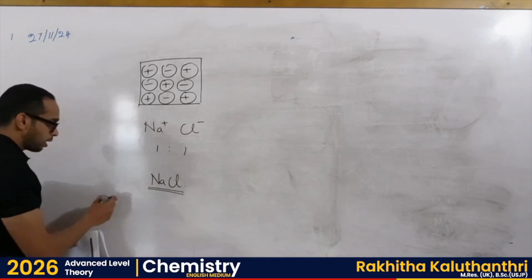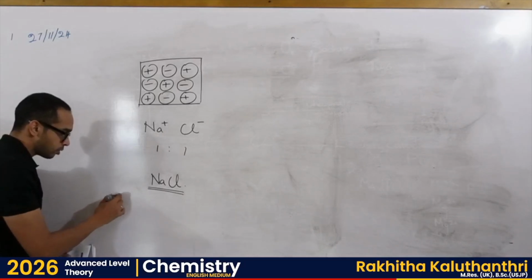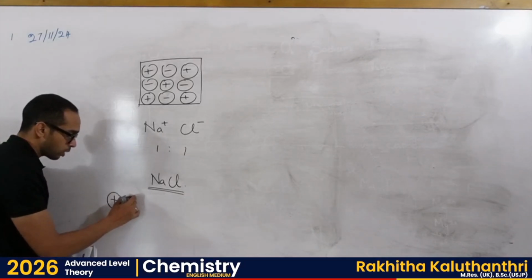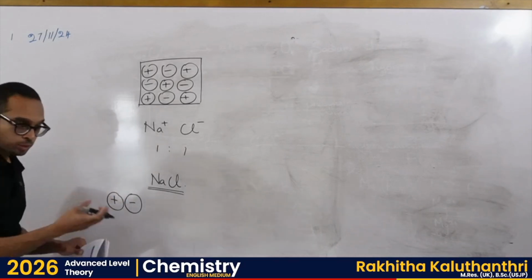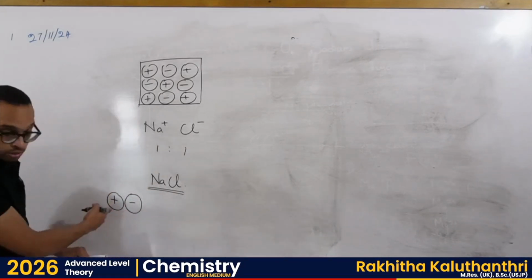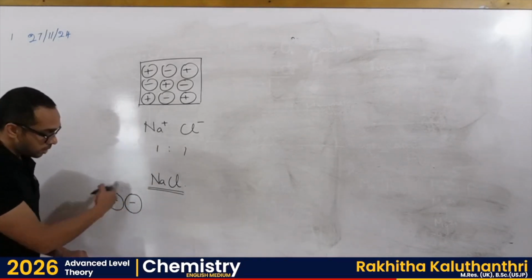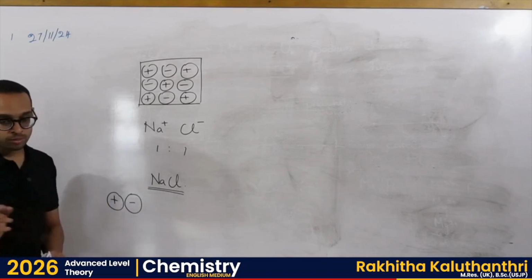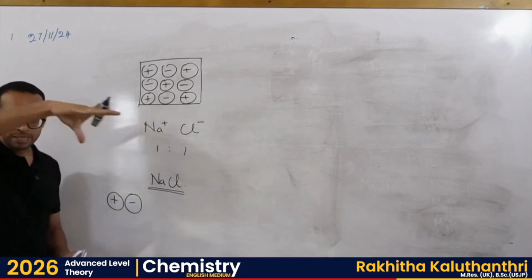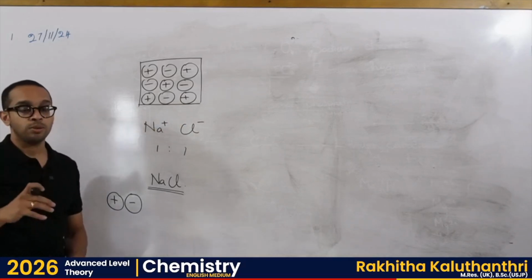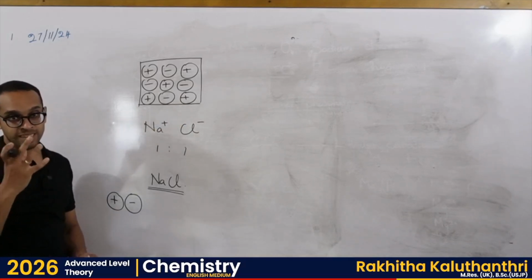This doesn't mean sodium chloride comes as a nice molecule like this. There's no individual unit of sodium chloride that you can show and say, this is one single unit of sodium chloride. No, you can't say that. Sodium chloride is a lattice, a massive network of positive and negative charged ions.